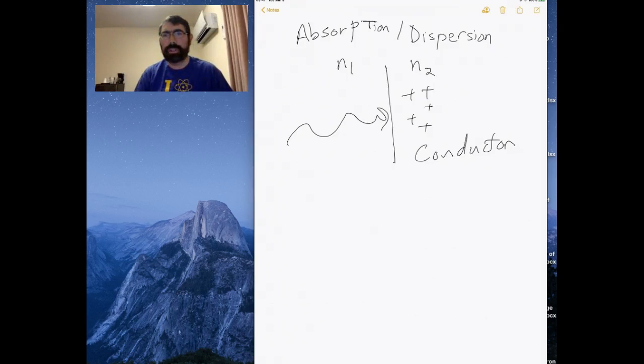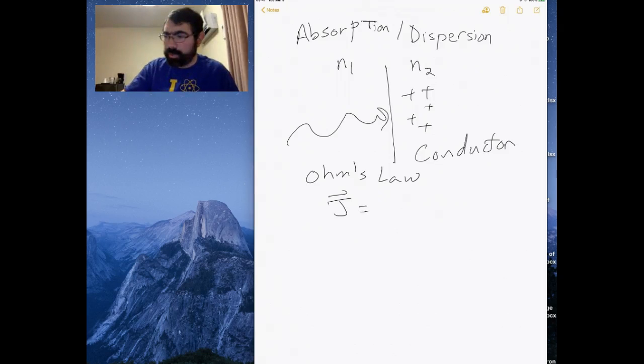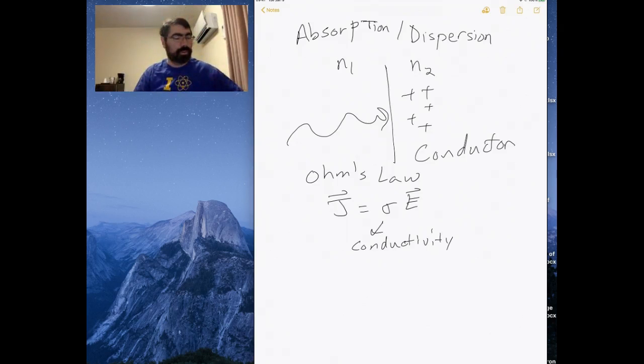And so what we're going to do is start with Ohm's law, which basically says the current that we're going to create is equal to the conductivity times the electric field. So that electric field is now going to move those charges and create a current.